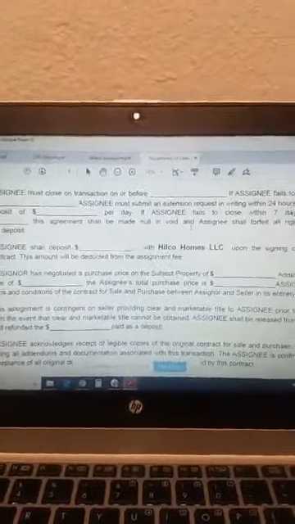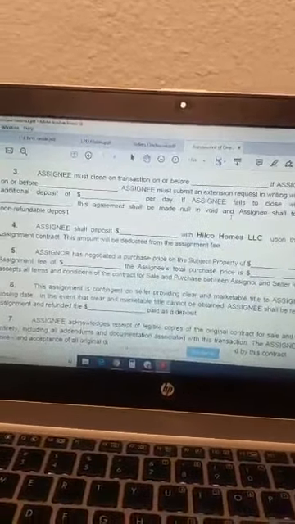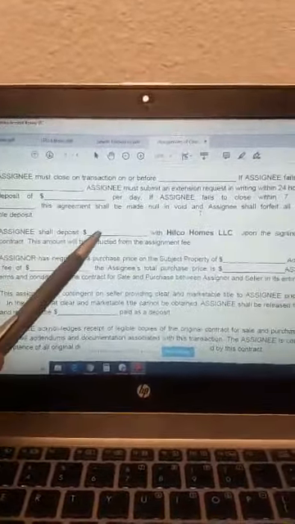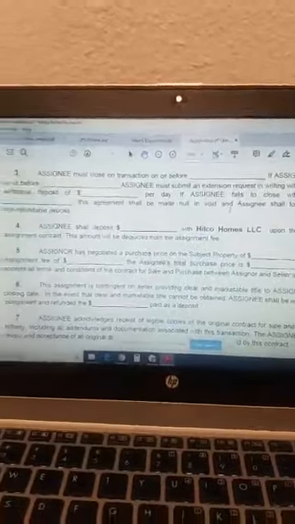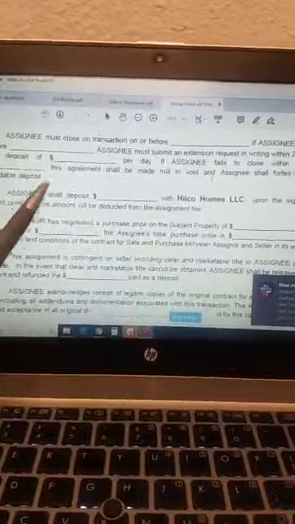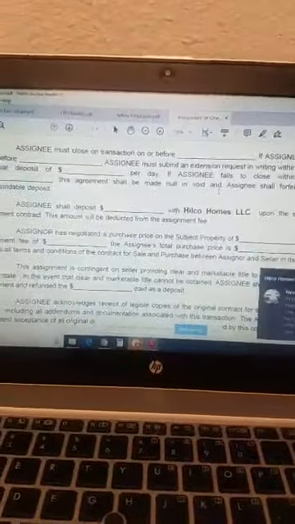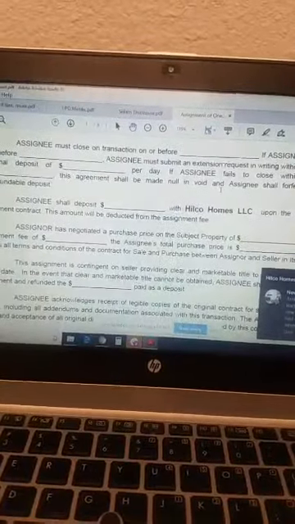If the assignee fails to close within 7 days of the date, then he might be losing his deposit. Assignee shall deposit X amount of money to HILCO Homes. This is a non-refundable deposit. The assignee has to do his due diligence before leaving any amount of money on the assignment of contract.